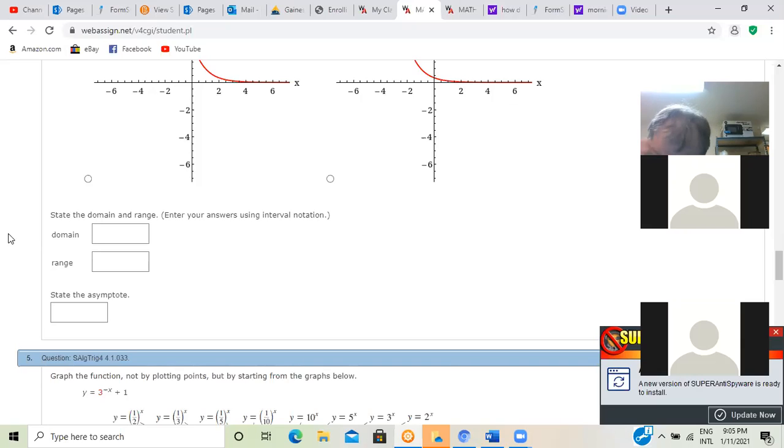Is there a cap on how many times we can work a problem? No, you can work them as many times as you like. The thing is, you're not going to get exactly the same problem when you redo it. That's what drives you nuts.